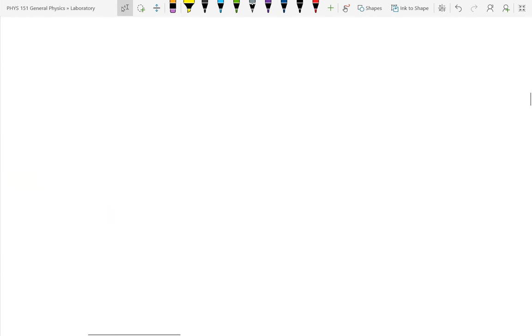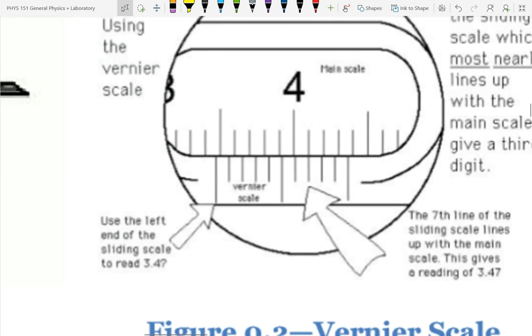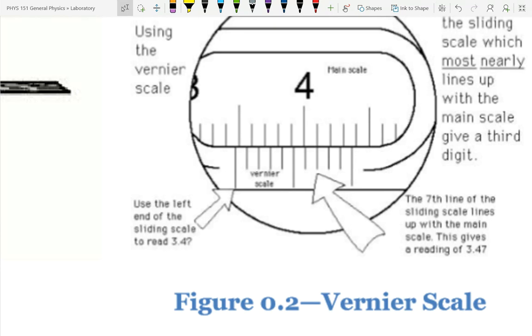So here, we can zoom in on a vernier. The first thing you do, that's 0. That's 10. That's 5. So you look where the 0 hits. Now, if this is 4 and this is 3, this one here was 3.5.